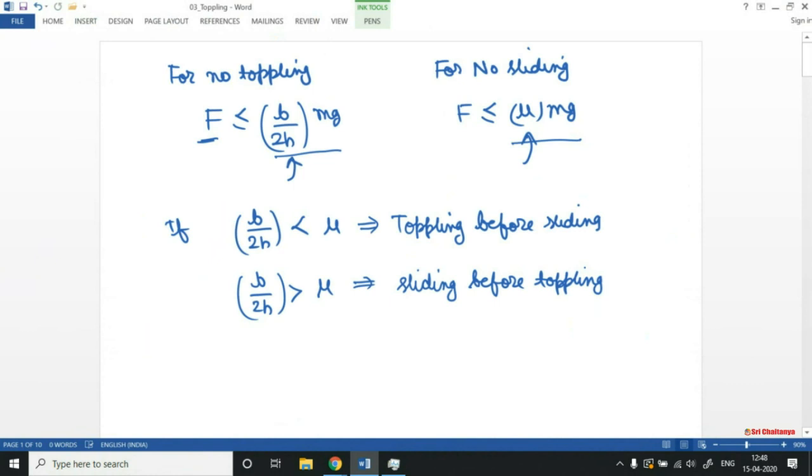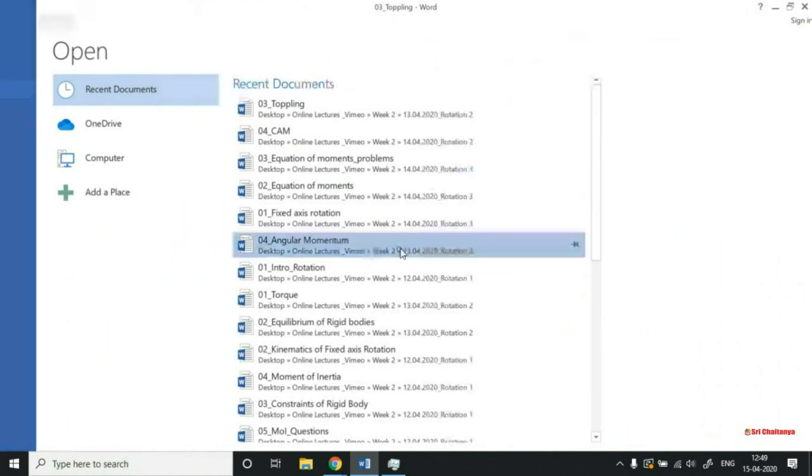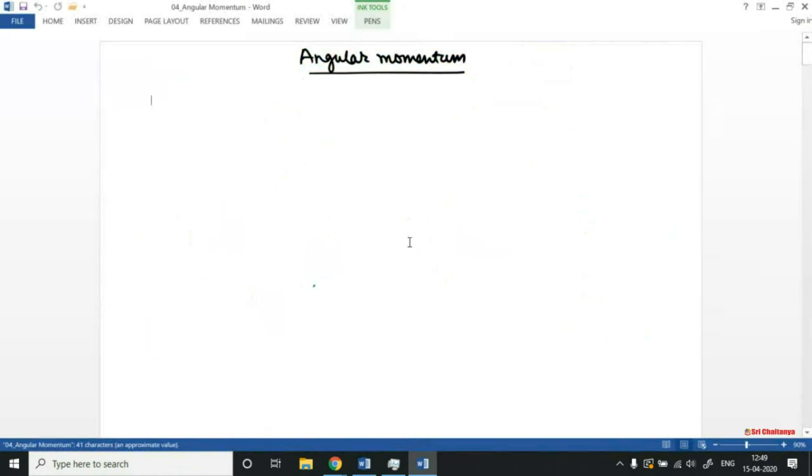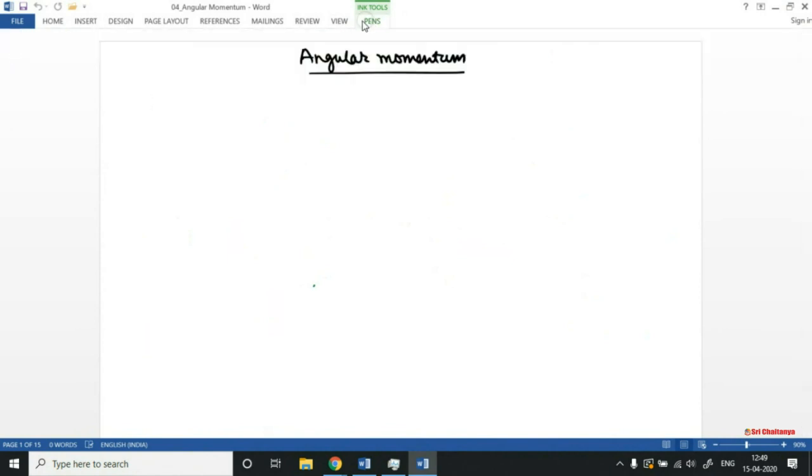Okay, after that, let's try to define another physical quantity which would be very, very important in the discussion of rotational dynamics, and that quantity here is angular momentum. We would be defining the angular momentum of a particle first.